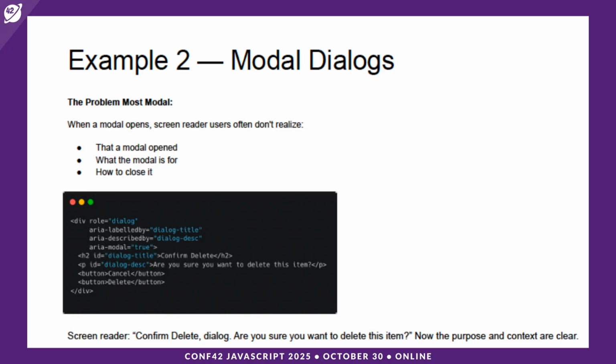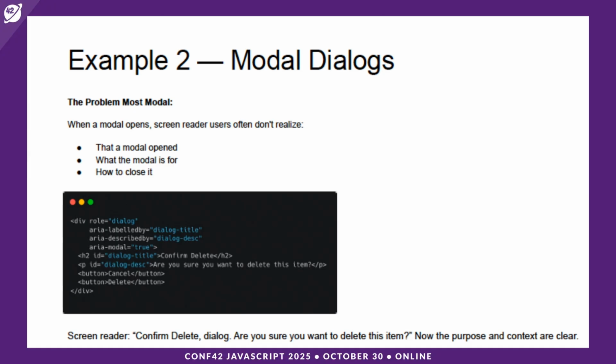And then the next one is the ARIA labeled by, which falls under the properties concept. This is the characteristic we're trying to define for it. The ARIA labeled by points to the heading that serves as the dialogue title.